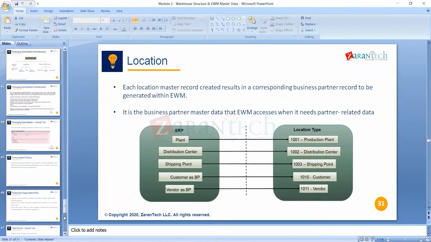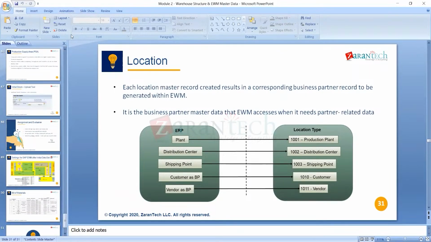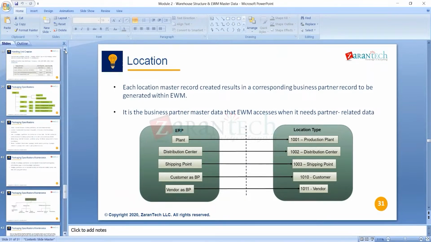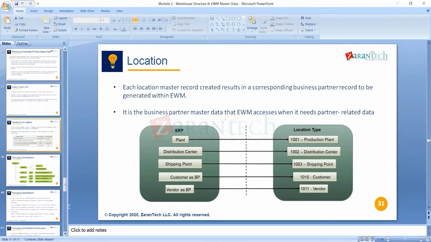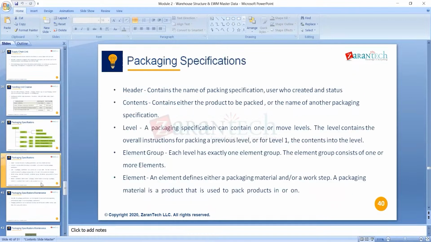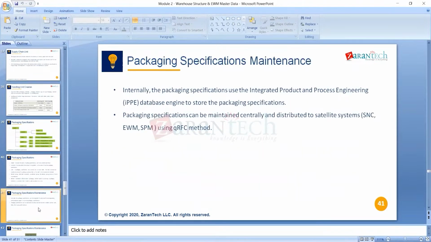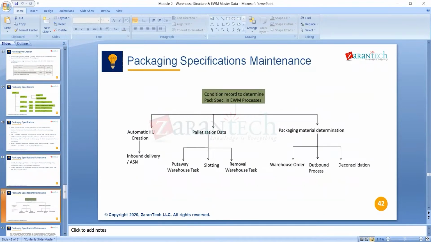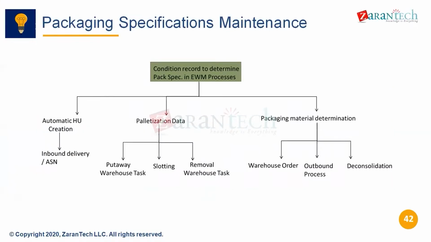The handling unit from the delivery also gets distributed to EWM. I wanted to show you one slide. Yes, the handling units are also sent, and you can see the same handling unit from ERP in EWM.